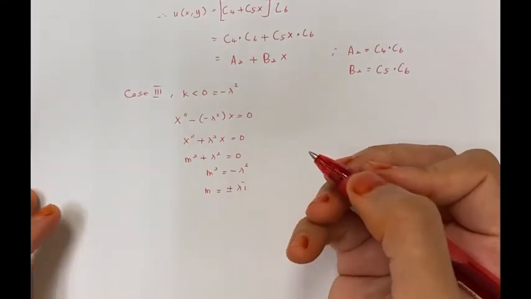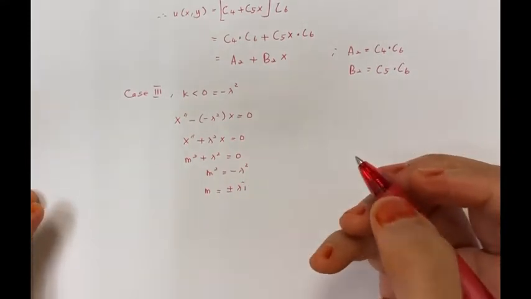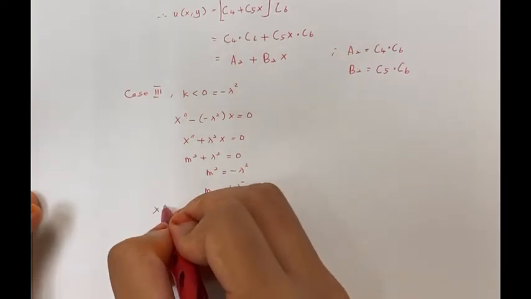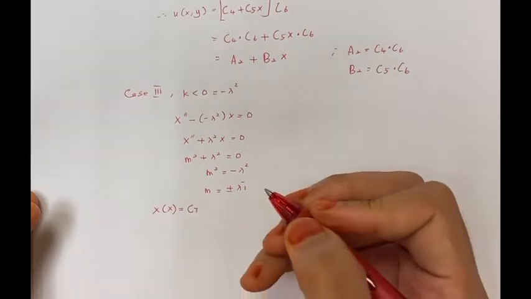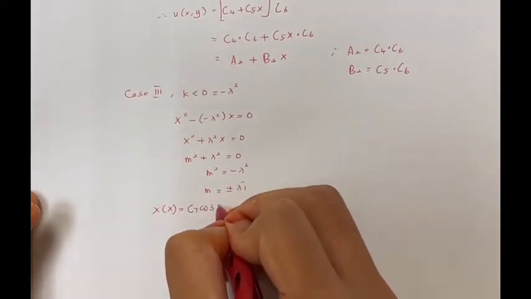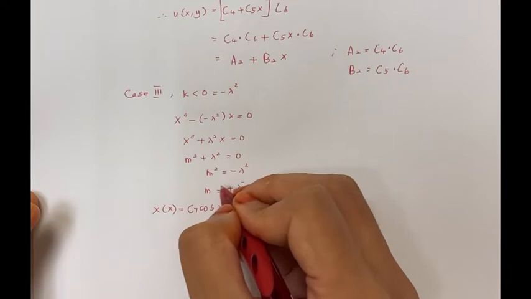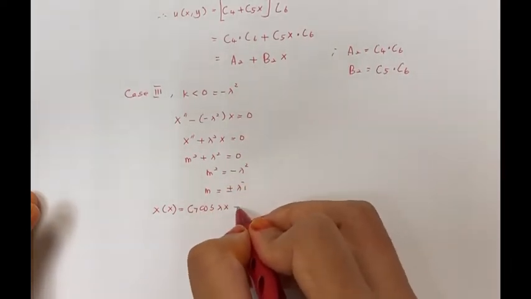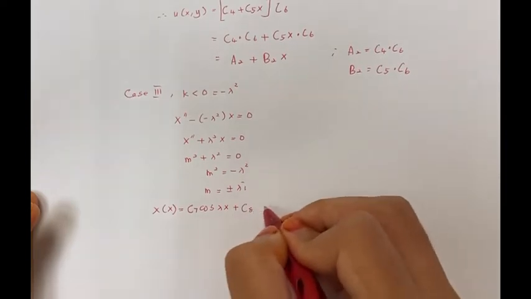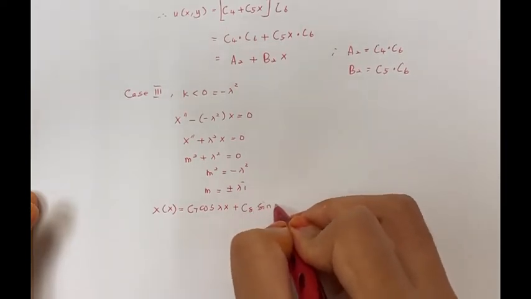Imaginary number, complex number. So for complex number, your general solution for x is equal to C7 cos lambda x, because your real part is 0, right? So you have C7 cos lambda x plus C8 sin lambda x.